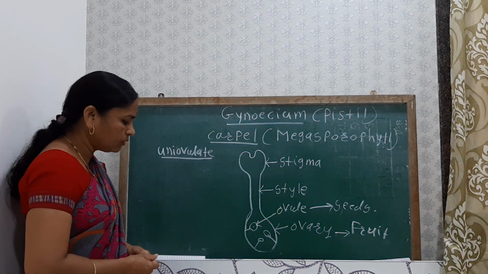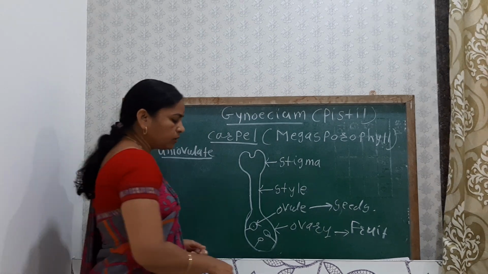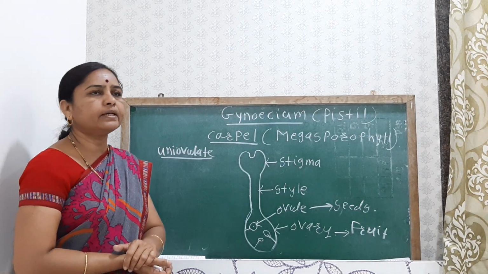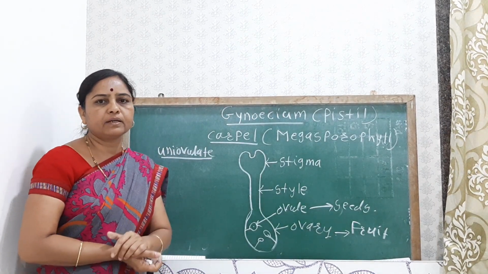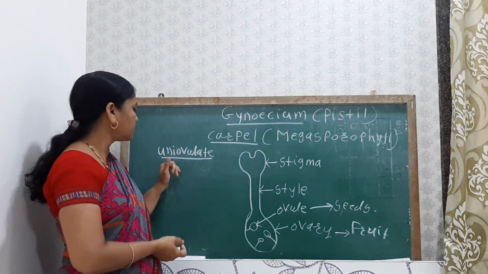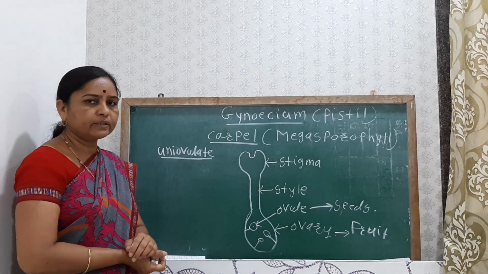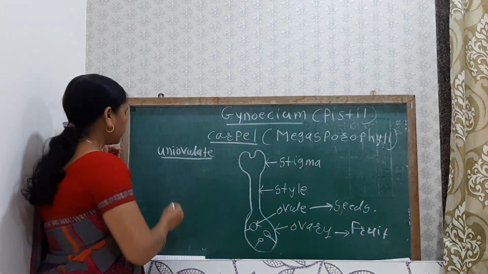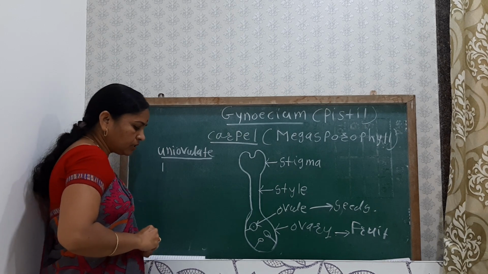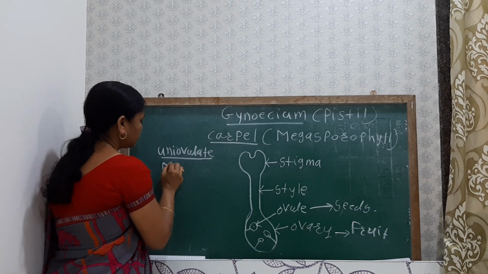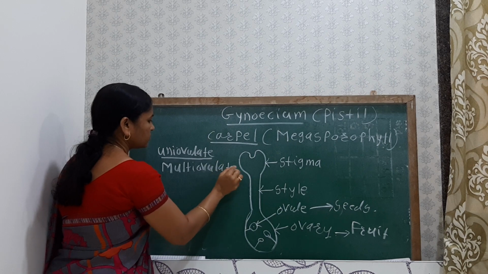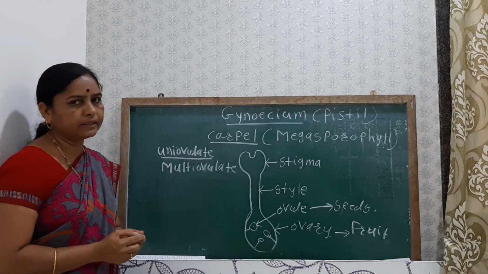Also in the case of paddy, which we call rice, and wheat, we will see this uniovulate structure. The other condition is multi-ovulate, in which many ovules are present.